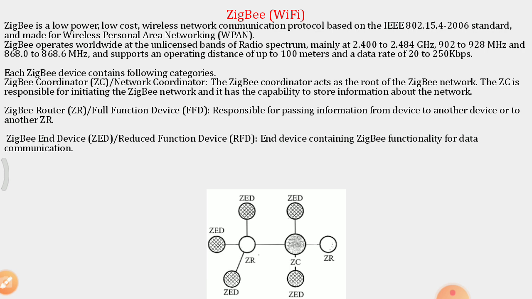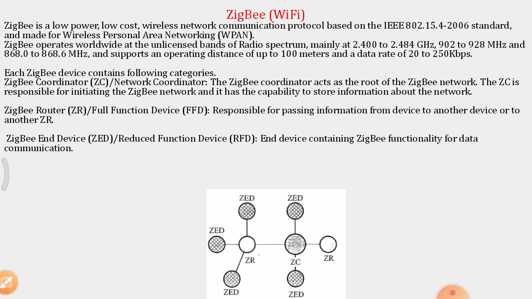ZigBee technology, just a spelling mistake, it is ZigBee, not Wi-Fi. ZigBee is a low power, low cost wireless network communication protocol based upon IEEE 802.15.4, a 2006 standard, and it is made only for wireless personal area networking.